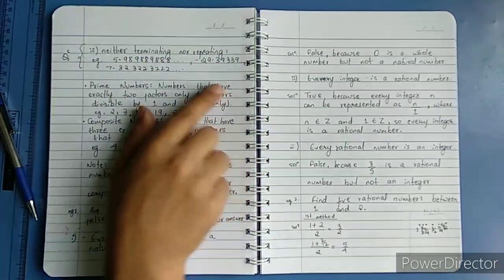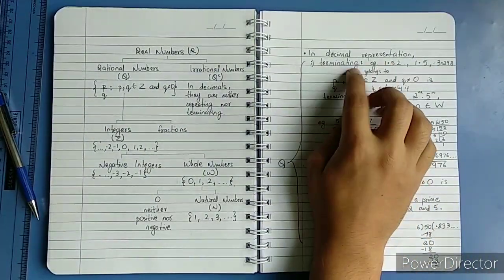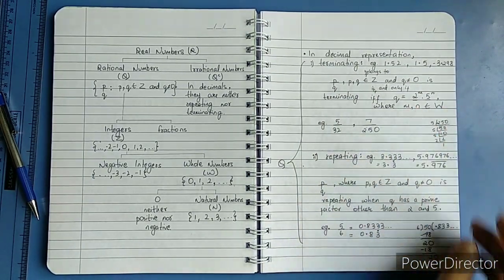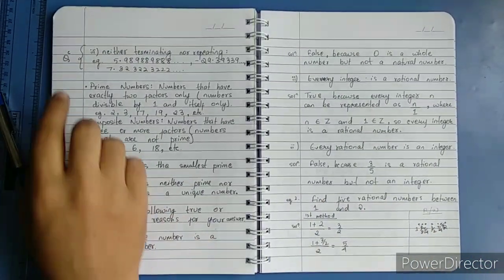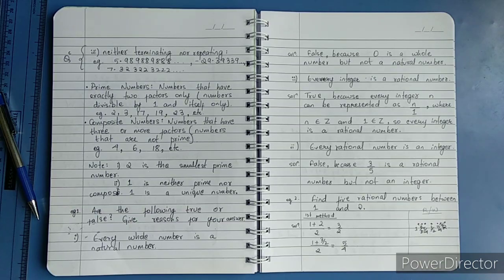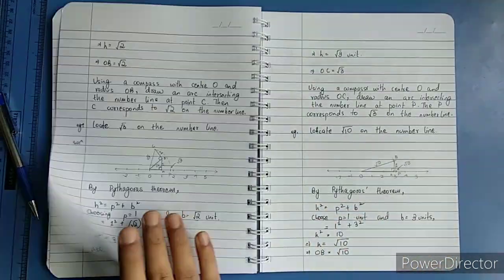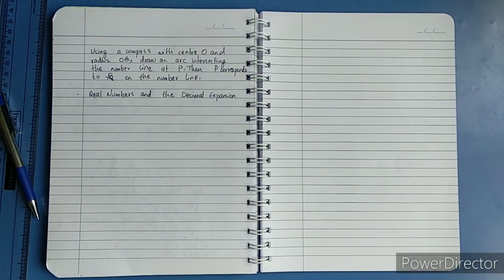Such numbers are irrational numbers, and terminating or repeating numbers, these two sets comprise the rational numbers. Q denotes the rational numbers and Q complement denotes the set of irrational numbers. So we'll directly jump to questions.